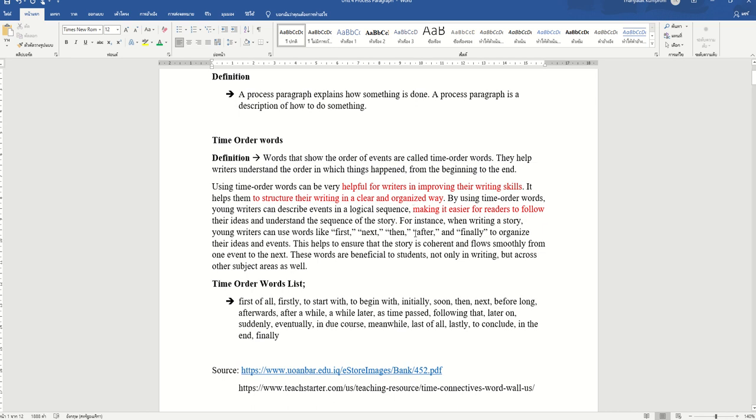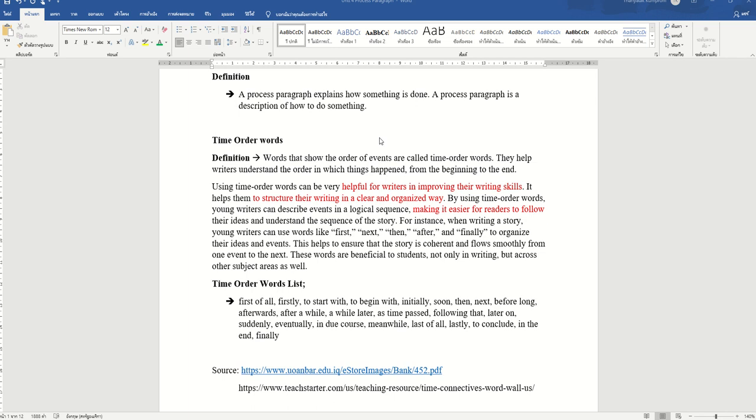So that is why every time you write a process paragraph, or every time you read a process paragraph, you need to find the time order words, which are keywords for you to get along with the passage smoothly. So the time order words are very necessary for your paragraph.